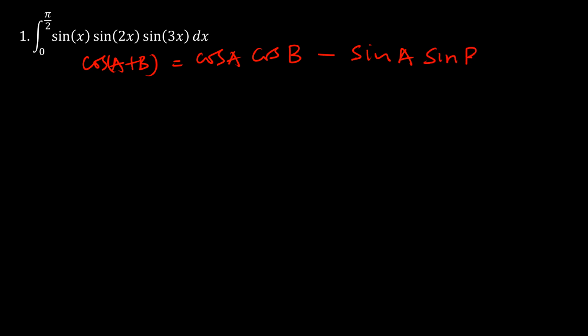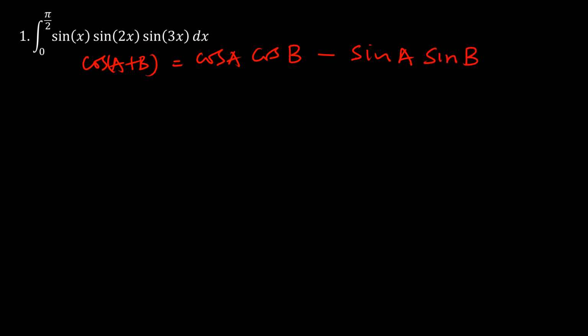So I would say cosine of A plus B equals cosine A cosine B minus sine A sine B, right?